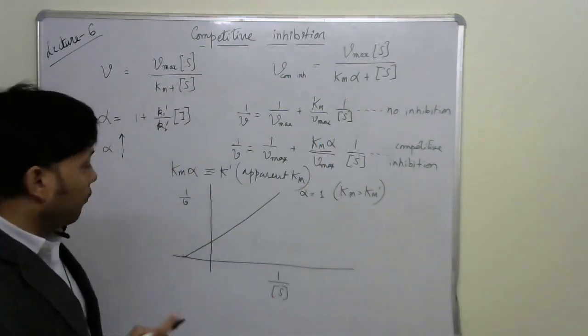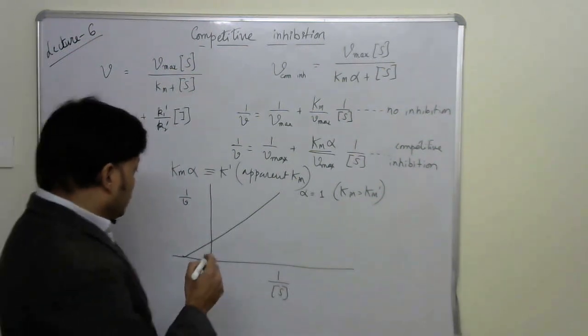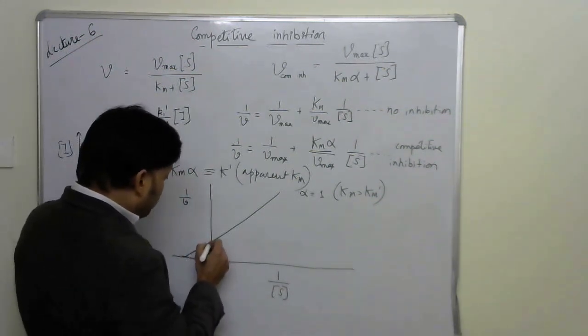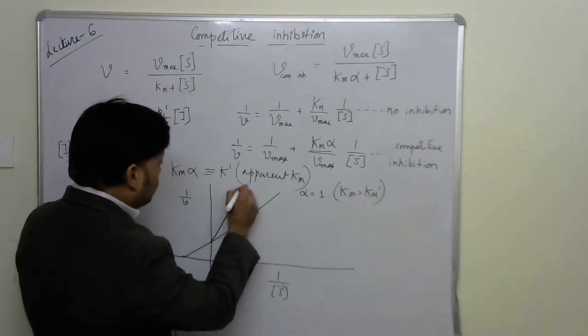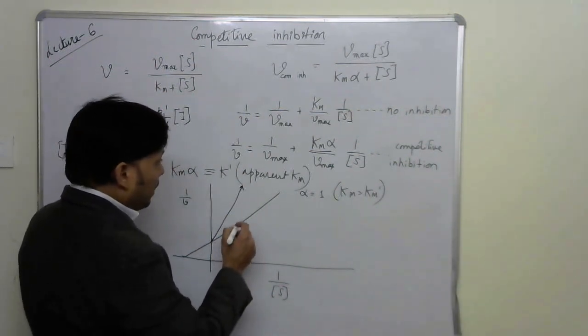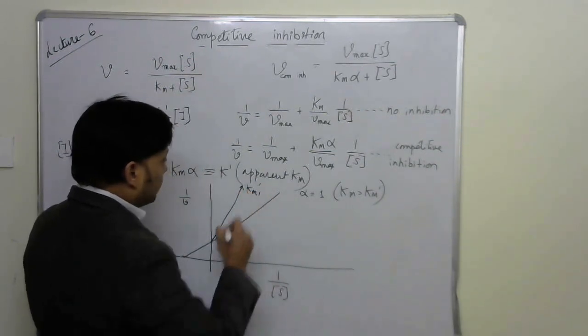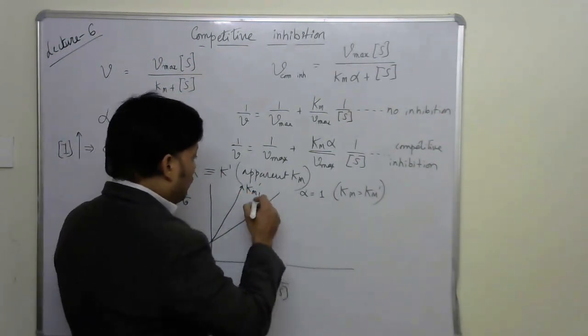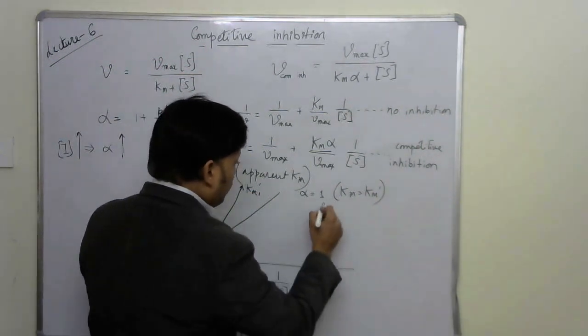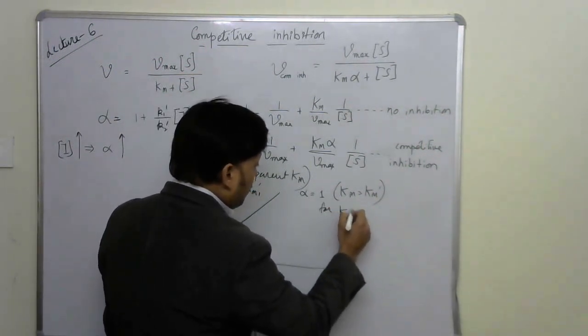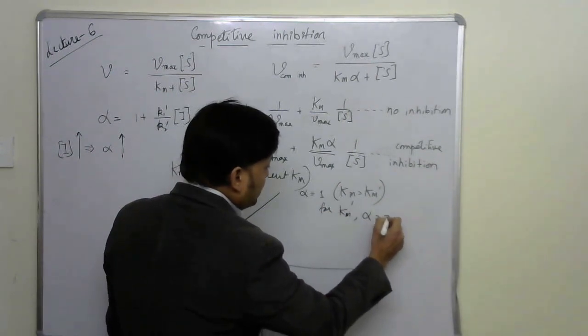So the slope would definitely increase. Therefore, if I try to draw the new plot here, the plot would look like this, and we call it Km prime 1. For Km prime 1, we can say alpha is equal to 2.